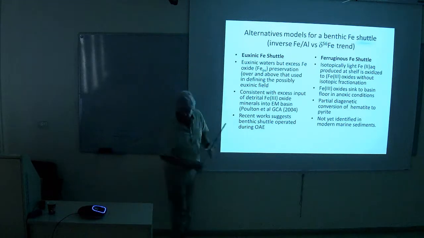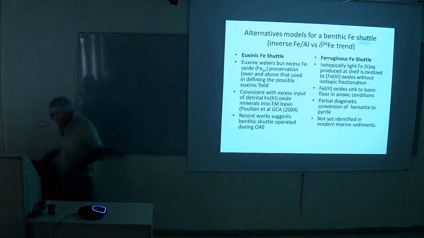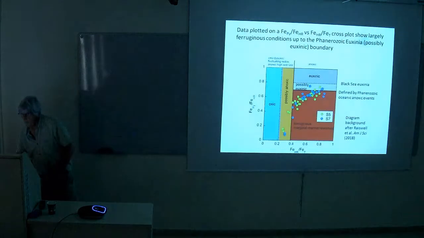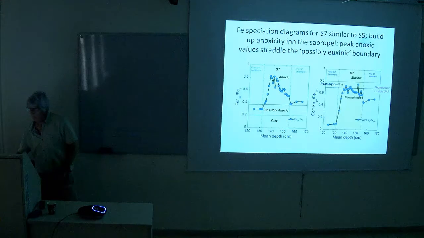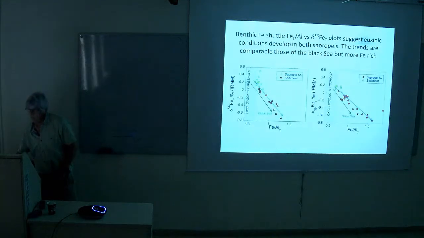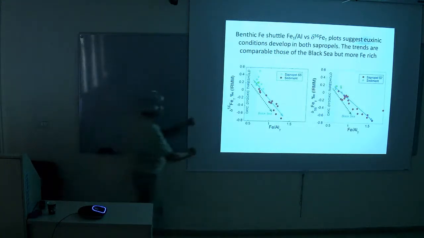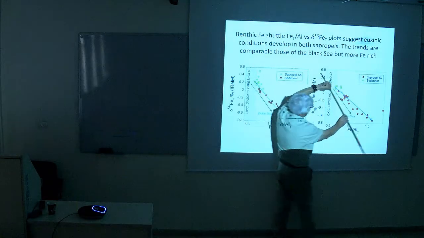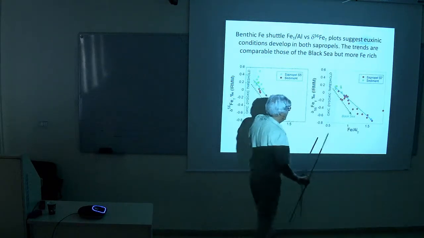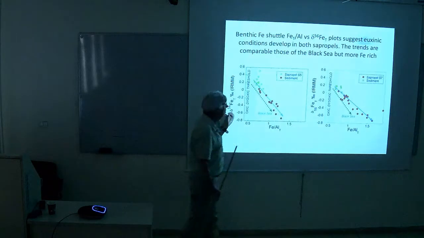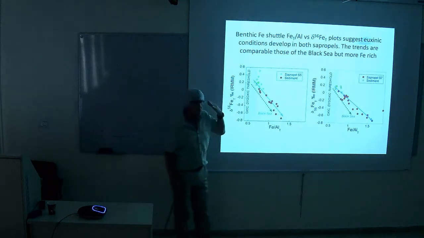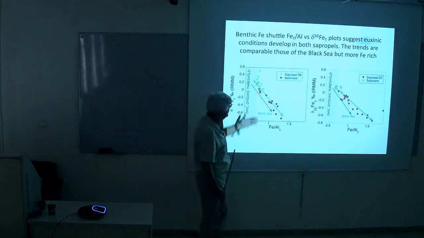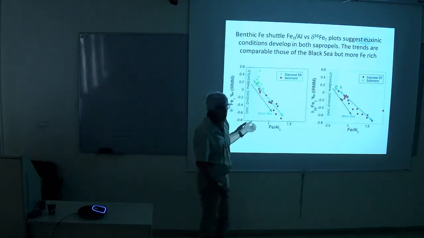And the fact that we are always seeing this tendency of shuttle to be more Fe-rich than the euxinic Black Sea is simply because the sapropels in the Eastern Mediterranean Sea are very iron-rich.